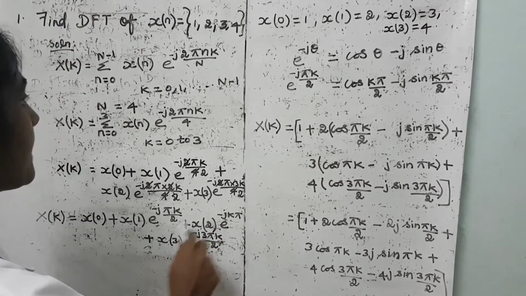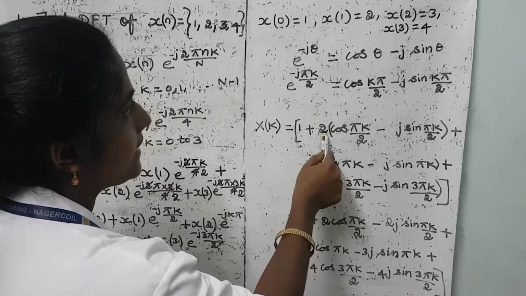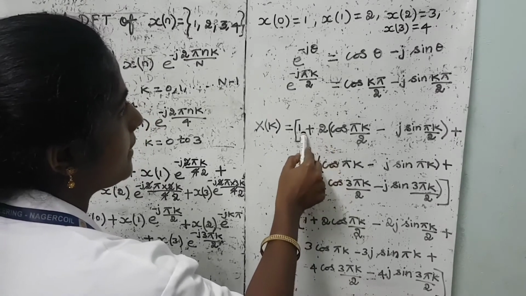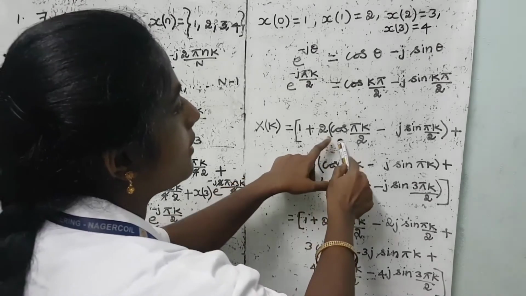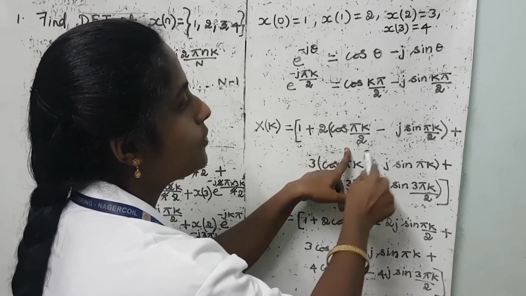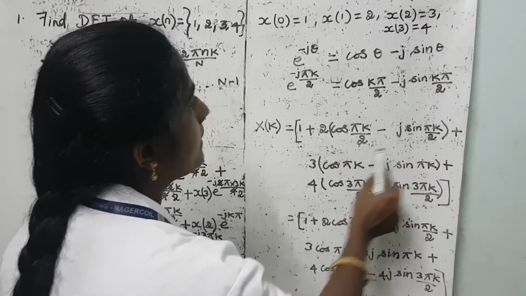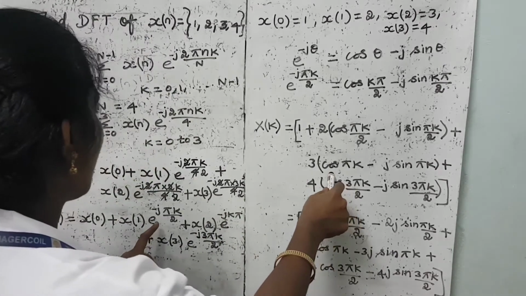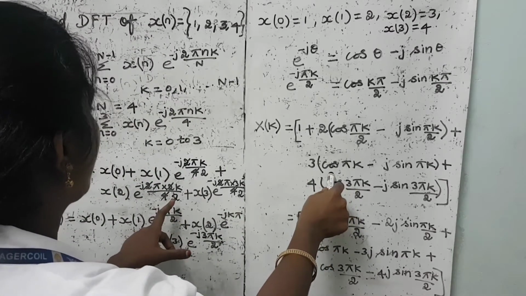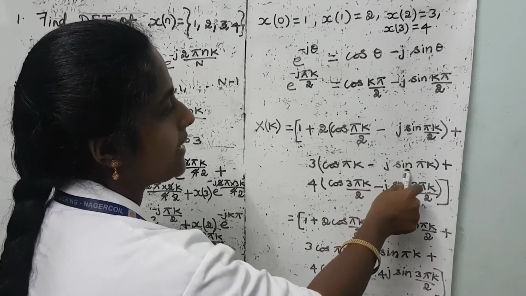So we can write X of k is equal to 1 plus 2 into, that is x of 0 is 1, x of 1 is 2, 2 into cos pi k divided by 2 minus j sin pi k divided by 2 plus x of 2 is 3, so 3, that is e power minus j k pi can be written as cos pi k minus j sin pi k.